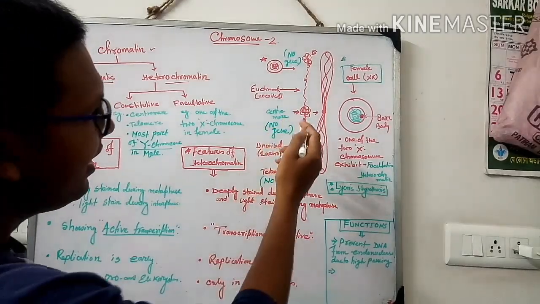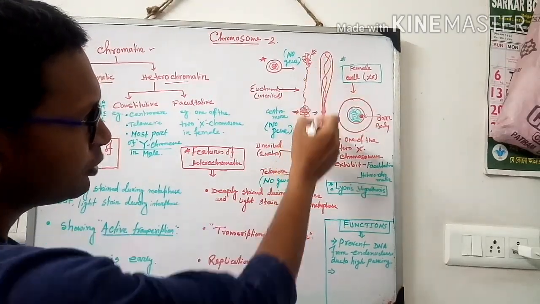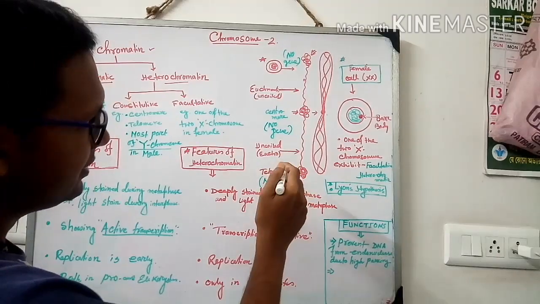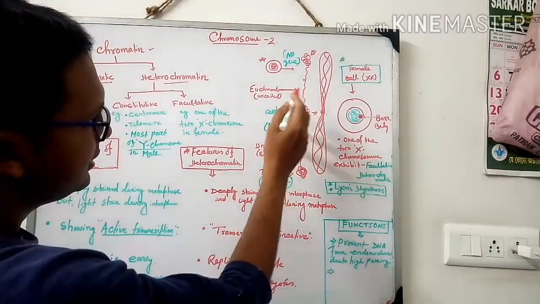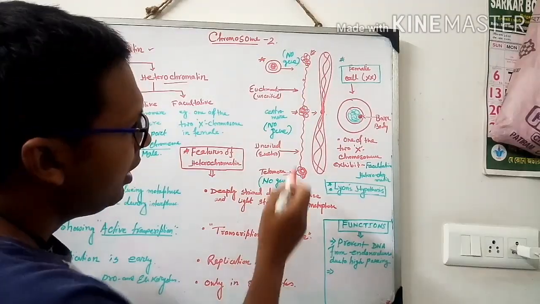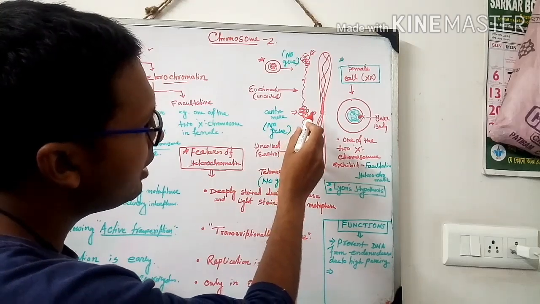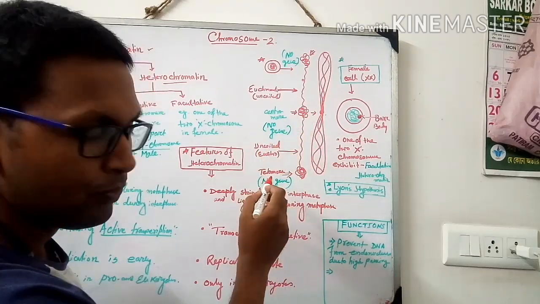If we look at the structure, it is a chromosome, and inside the chromosome there is chromatin. I have discussed this previously, and this chromatin is highly coiled. It is present in a highly coiled state inside the chromosome.